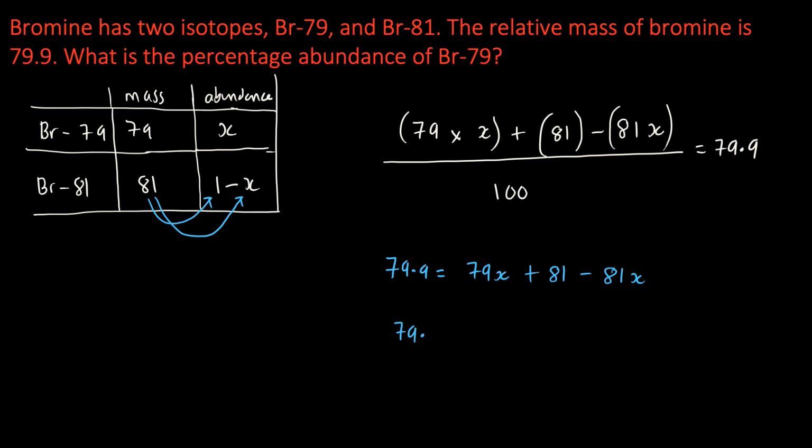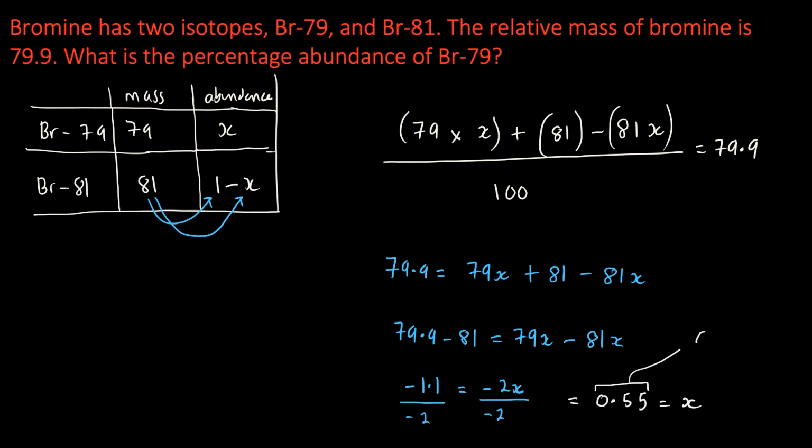Move the numbers to the left and we get 79.9 minus 81 equals 79x, take away 81x. This simplifies into minus 1.1 equals minus 2x. Divide both sides by minus 2 to get x on its own. So 0.55 equals x, which is 55%.